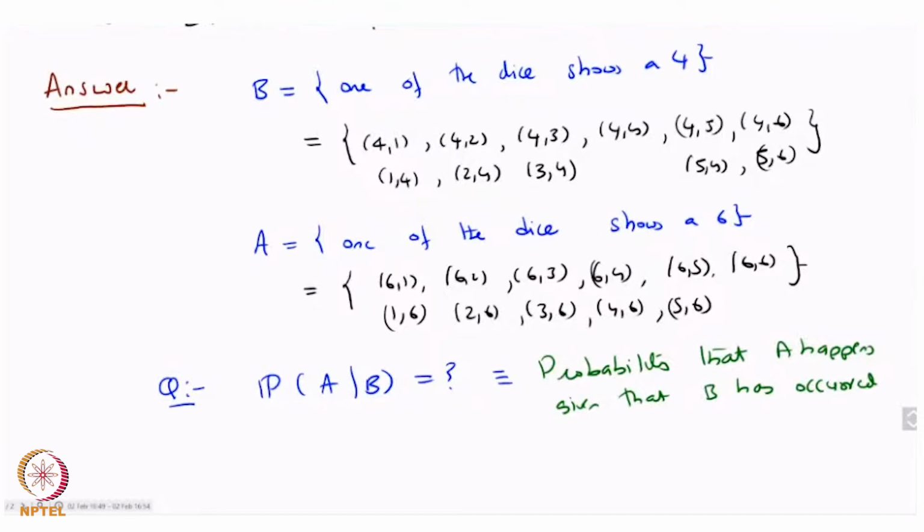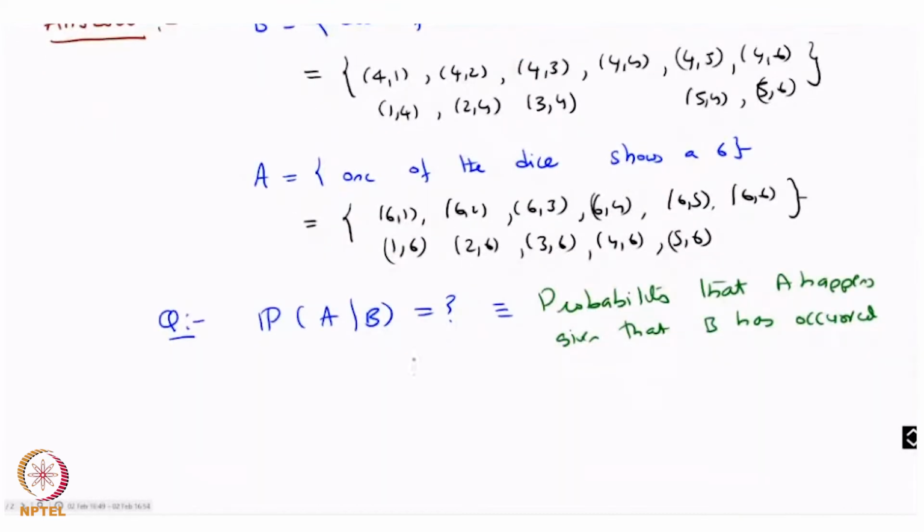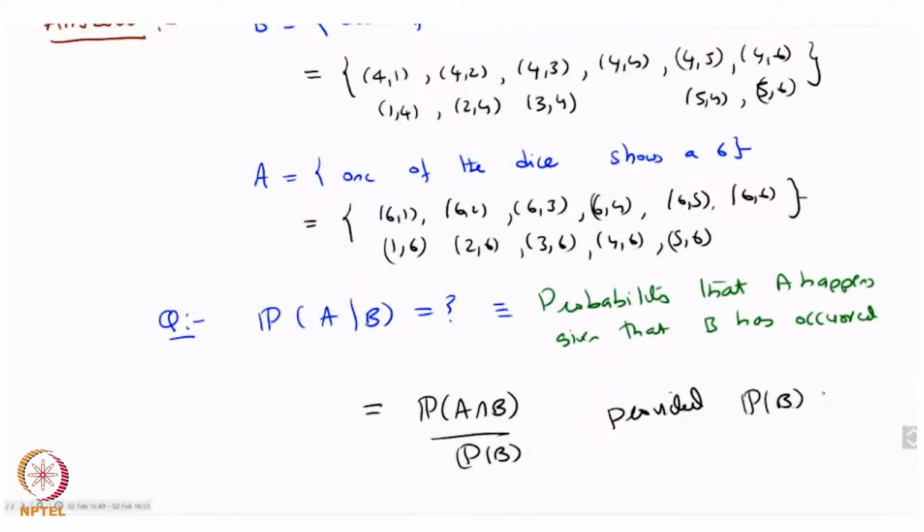Now by definition of conditional probability, this is going to be equal to the probability of A and B divided by the probability of B, provided the probability of B is positive. So we have to check this. This derivation is done in the video as well, and in section 1.3 in the book.